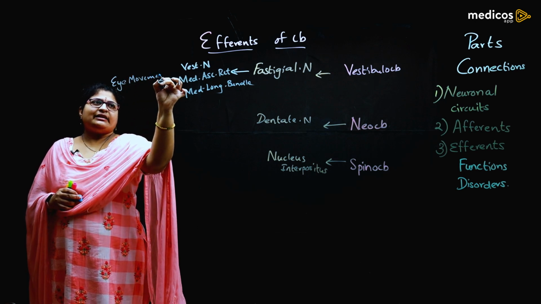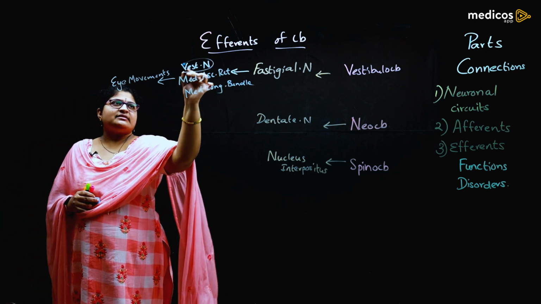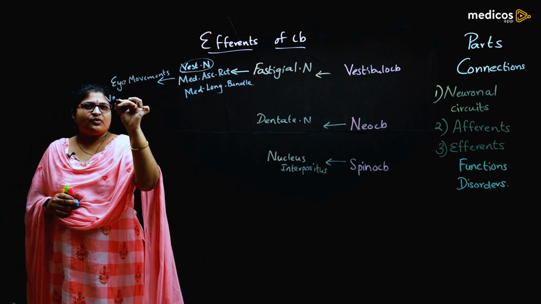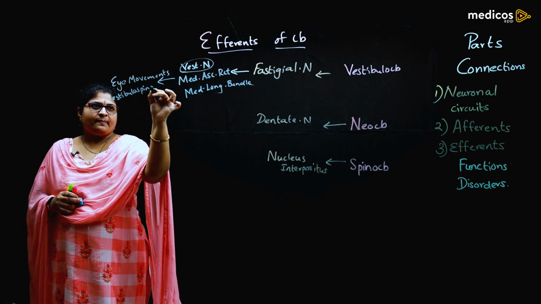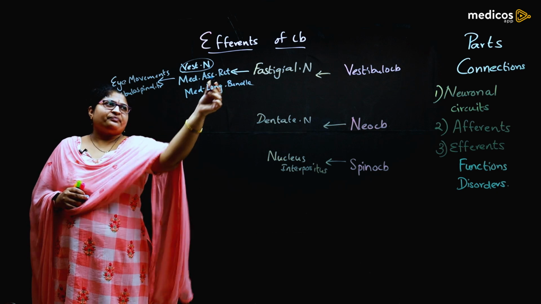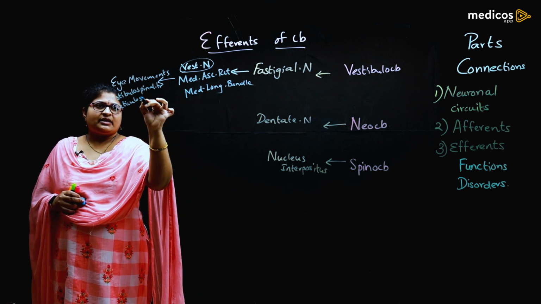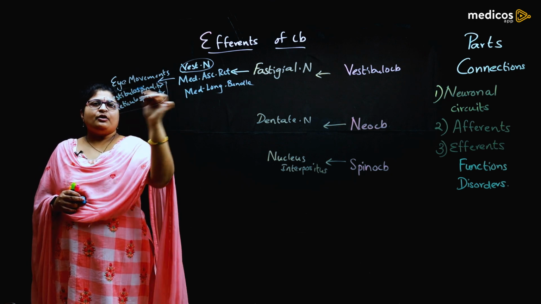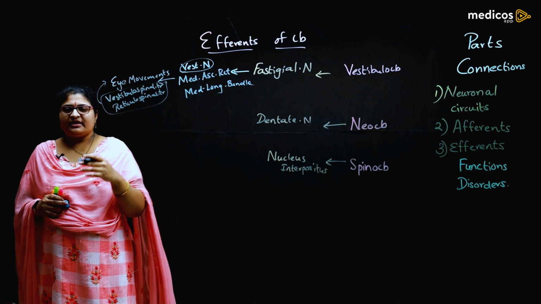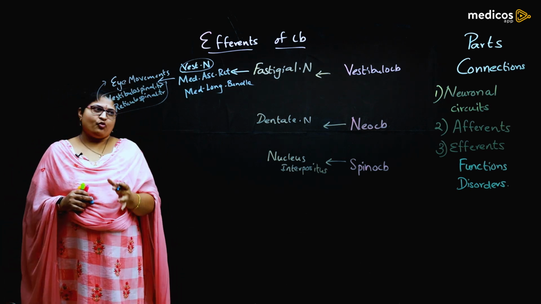And what are the tracts that are influenced by this? The vestibular nucleus is involved, so the vestibulospinal tract is influenced. And also the reticulospinal tract is influenced by this particular portion of the cerebellum. They have influence over the 3rd, 4th, and 6th cranial nuclei. That's how they control these eye movements.